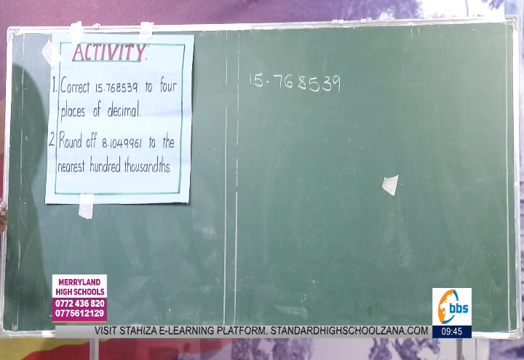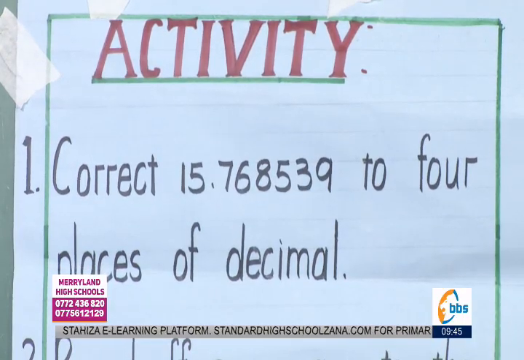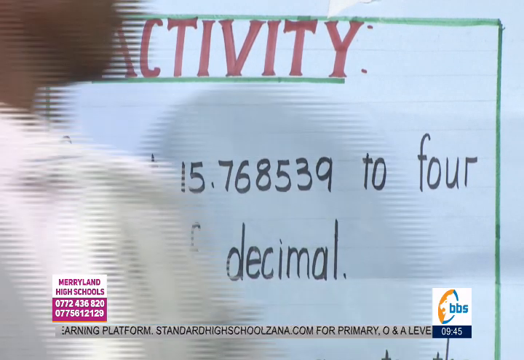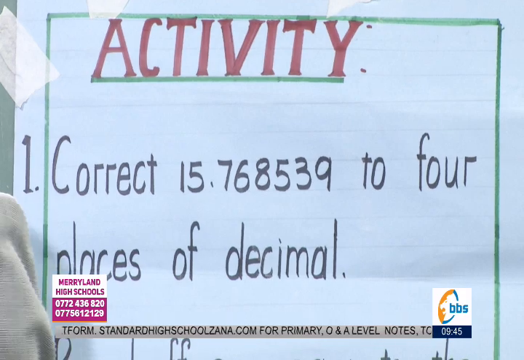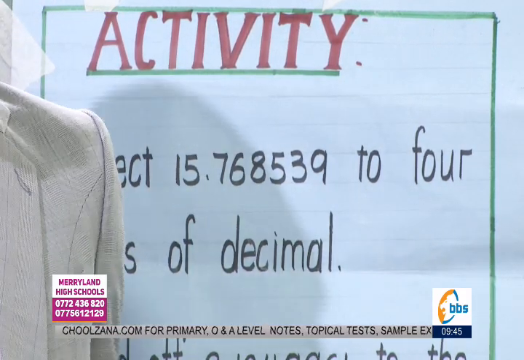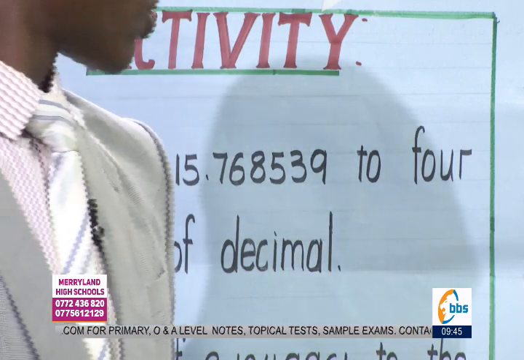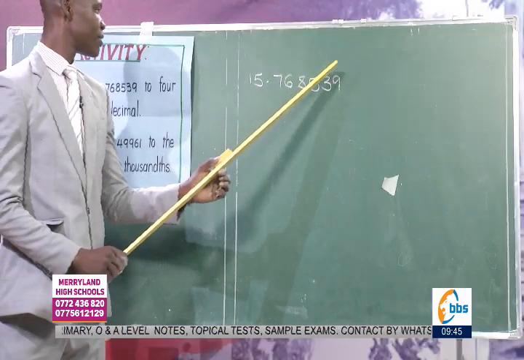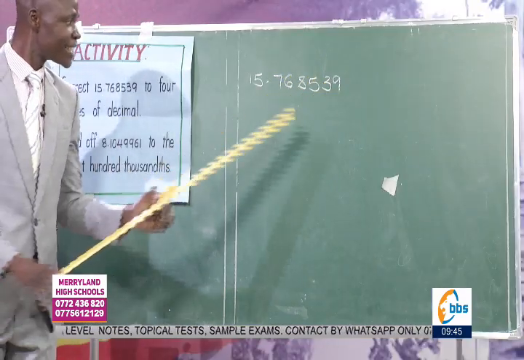Meaning the number must have only 4 decimal places. How many decimal places are there, first of all? If you can count, the digits after the decimal point are the decimal places. Here is 1, 2, 3, 4, 5, 6. There were 6 digits after the decimal point.